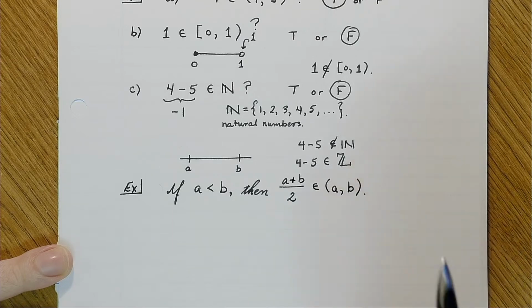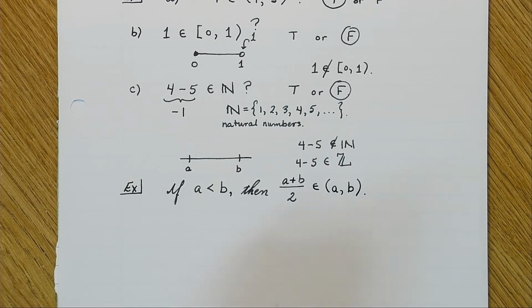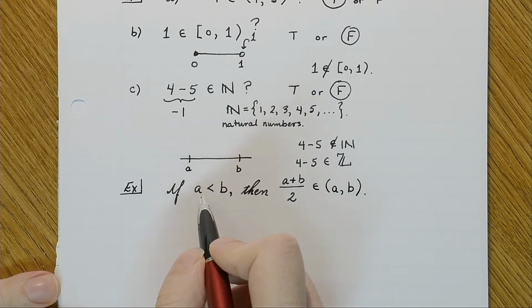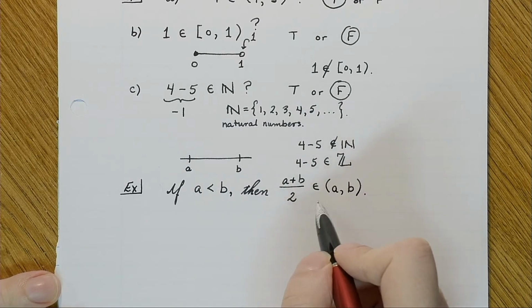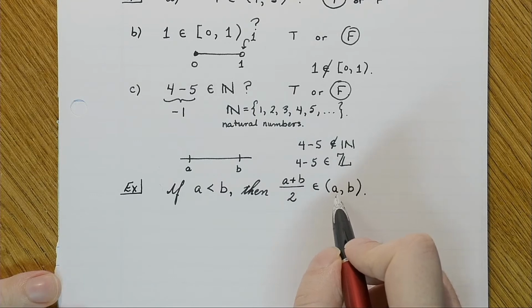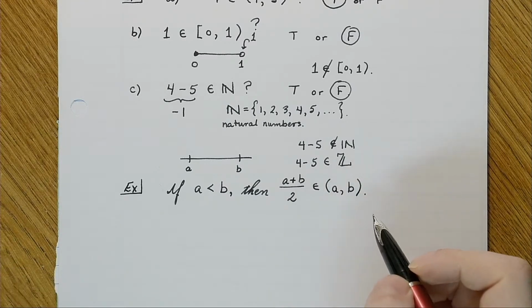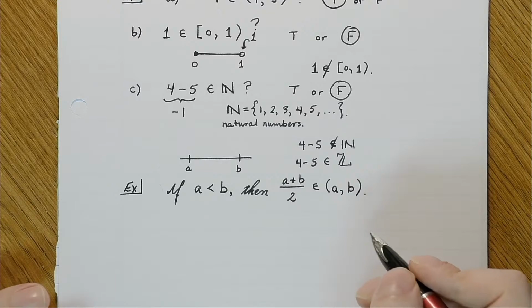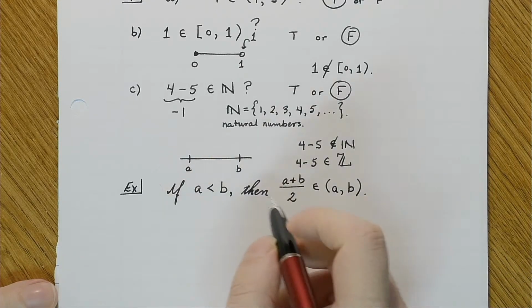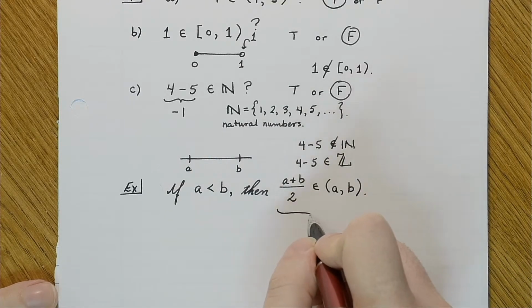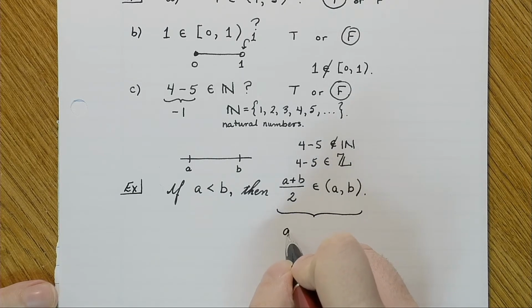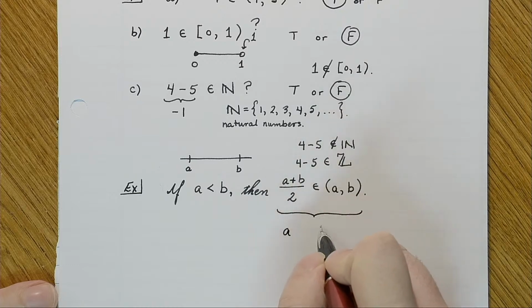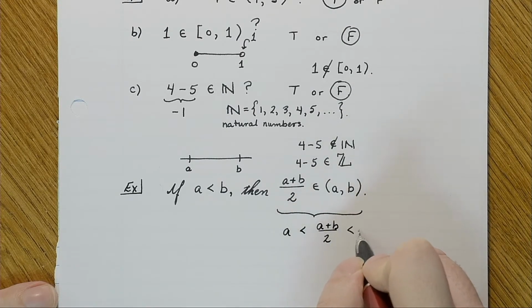Okay, so that means that if a is less than b, then (a plus b) over 2 is an element of the interval (a, b). Essentially, this is asking us: is (a plus b) over 2 between a and b?